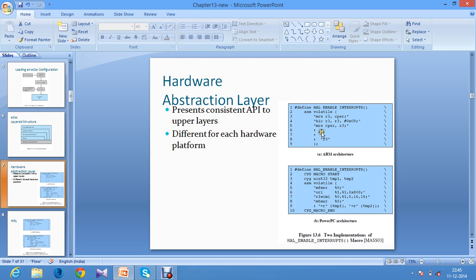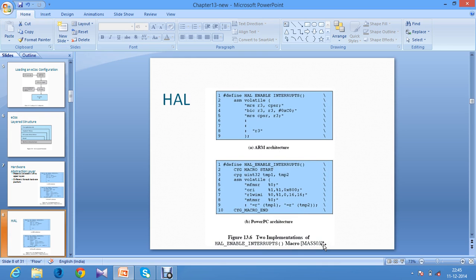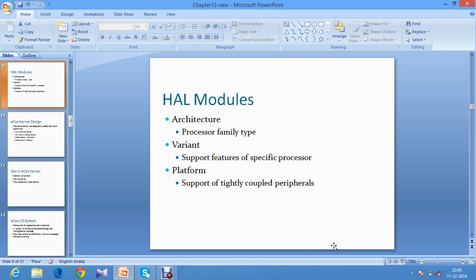Let's see the code. This is the HAL for ARM architecture and PowerPC architecture. The two HAL implementations enable interrupts and macros. These are the HAL modules: architecture, variant and platform.